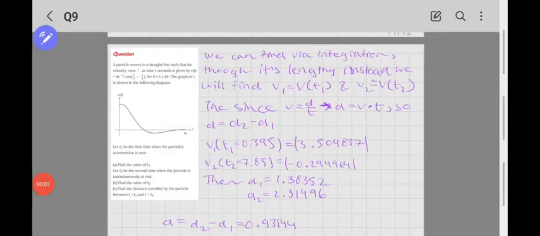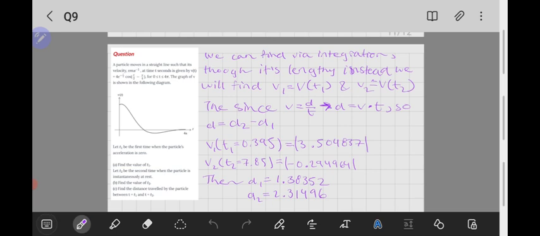For our final question C, where we're asked to find the distance traveled by the particle between T1 and T2, you can integrate this equation and evaluate the integral at t2 and t1.